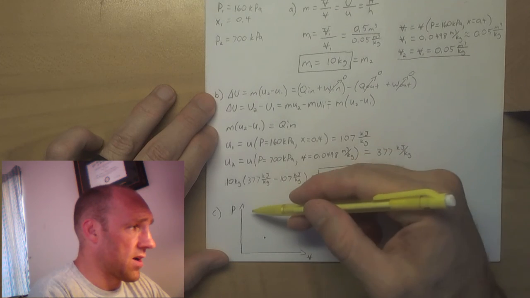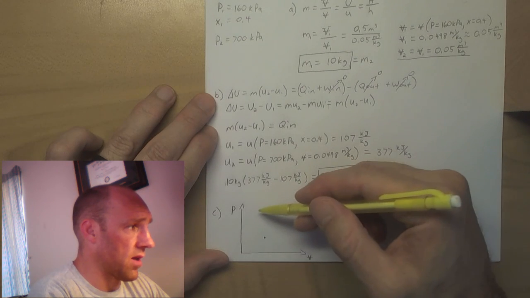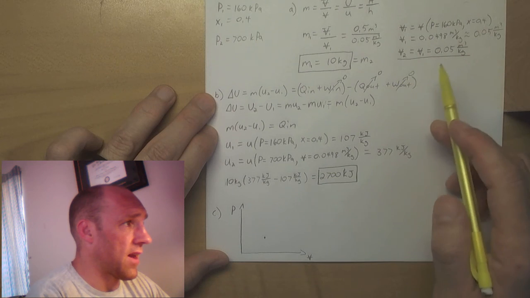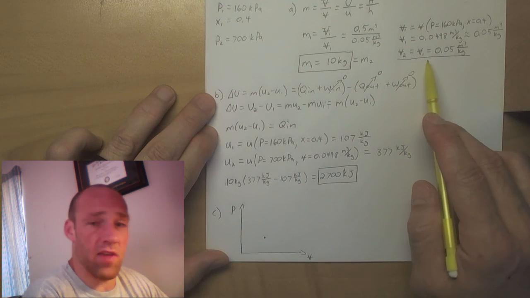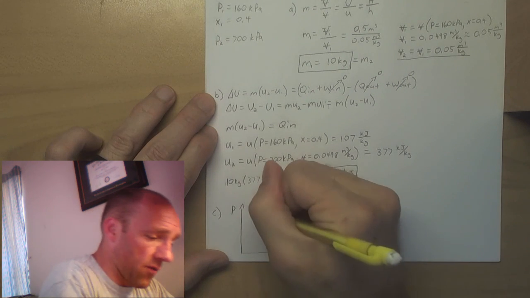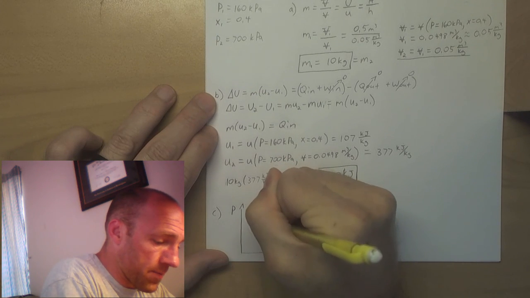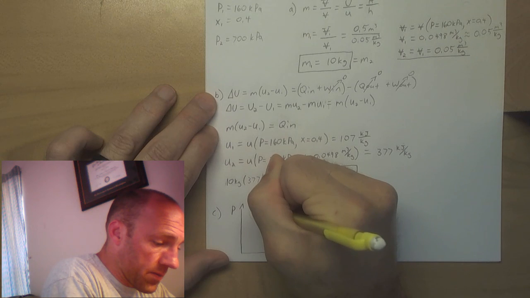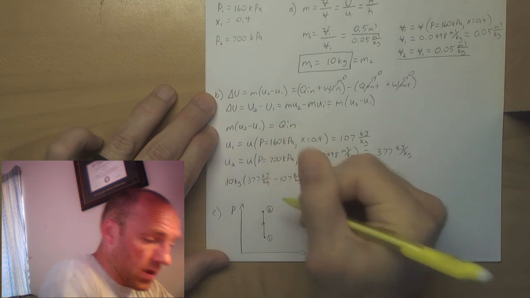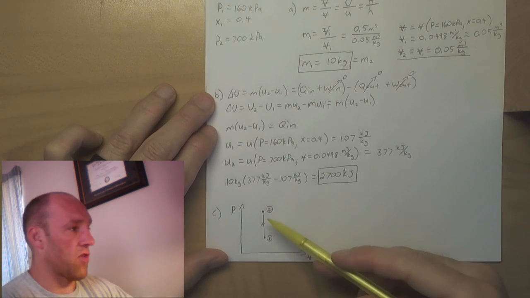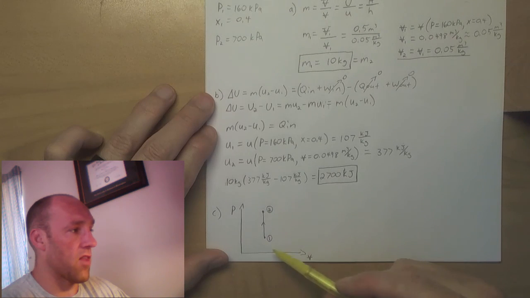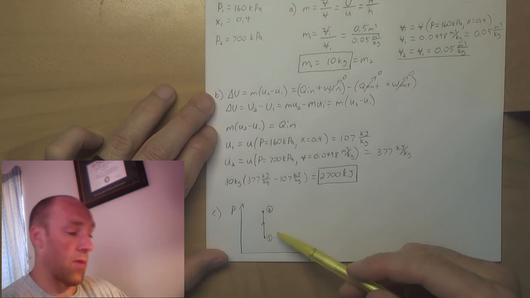So I know state 2 is going to be up here somewhere. It went up. And then I know that the specific volume is the same. So I'm going to have a vertical line plotted on this diagram. So this is 1. The exact placement's not important, but just understanding the fact that if I plotted this process on a PV diagram, I would get a vertical line.